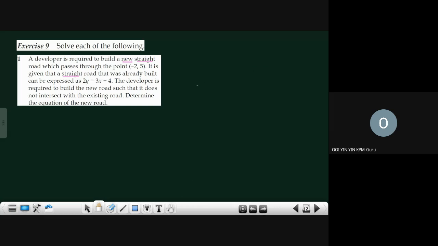Actually I can draw it like this. Because they give you the equation, that means the straight line is not horizontal or vertical. It must be a bit slanting, a sloped line like that. Then there's a point (-2, 5) that it passes through. It means there is a point it passes through, (-2, 5), like this.